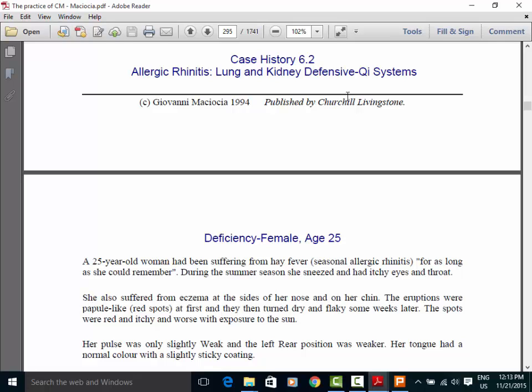In this situation, I would probably list both because the majority, or half of the symptoms that you're given are related to eczema as well. Okay, what's your diagnosis? Allergy. That's not a TCM diagnosis.